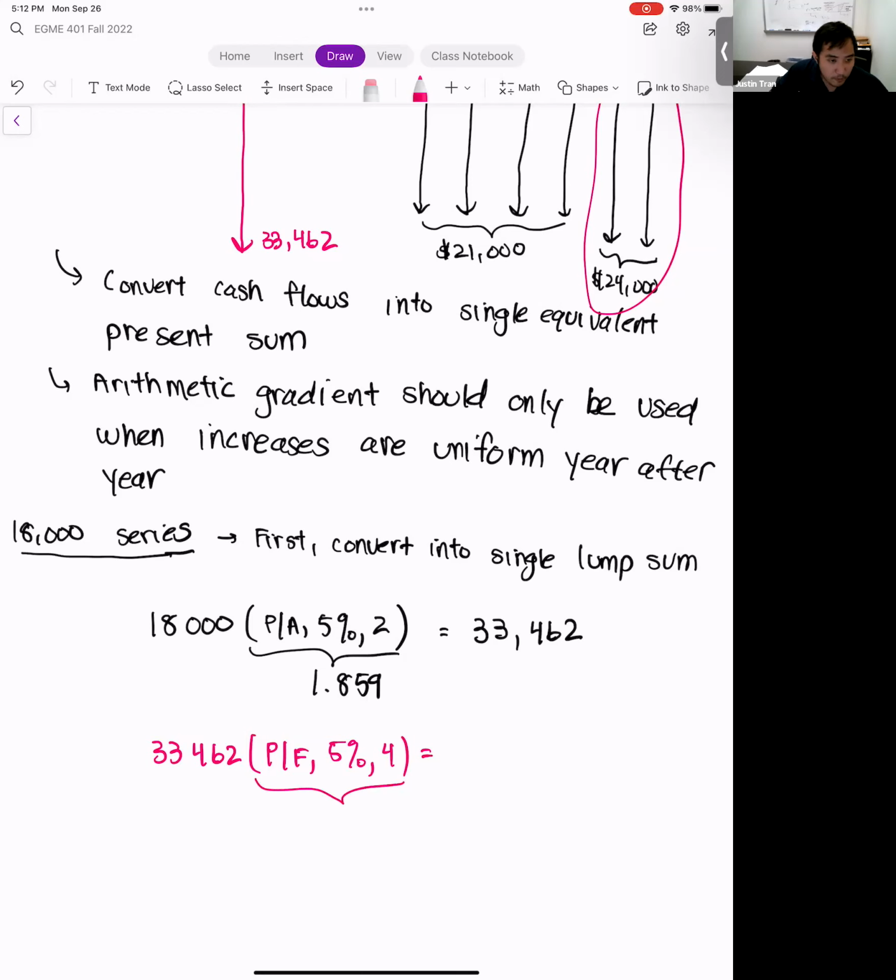So we have P over F, I is equal to 5 and 4. And so this here is 0.8227. Okay. And so we perform that arithmetic and we get 33,462 times 0.8227. And what we get from this is 27,529.19. Okay.